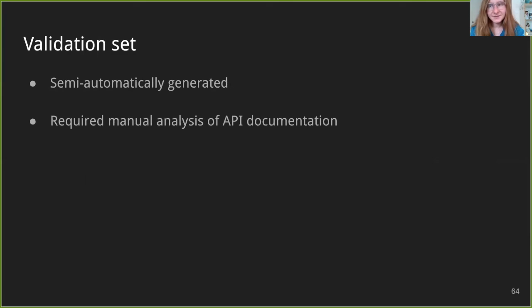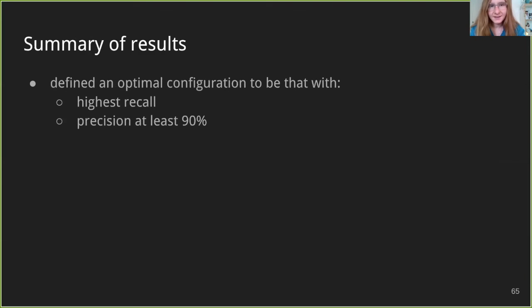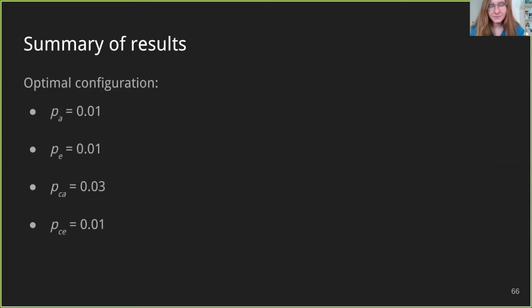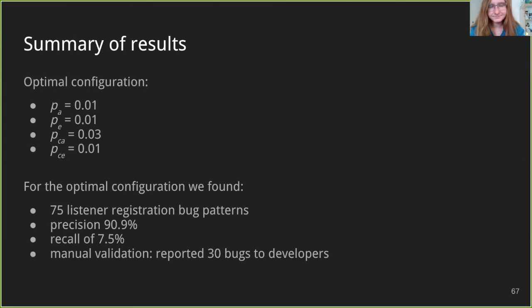We validated this with a semi-automatically generated validation set. If you have questions about how that works, feel free to ask me. But basically we needed a set to compare the results to, to see how well the approach worked in terms of actually finding bugs. And with these definitions, we found that the optimal configuration is both rarity thresholds are 1%, and confidence thresholds are 3% and 1%.